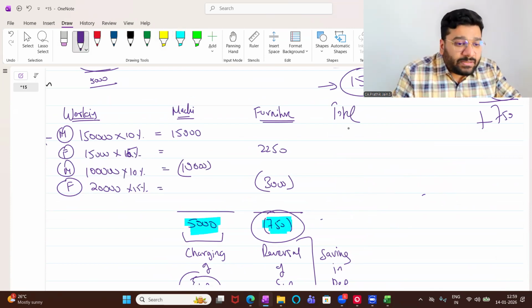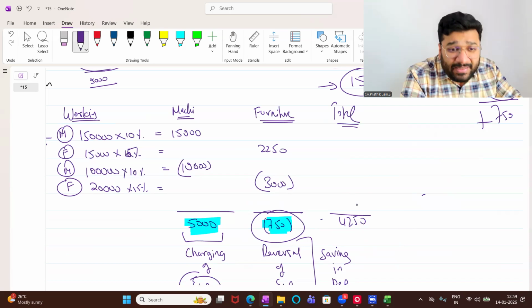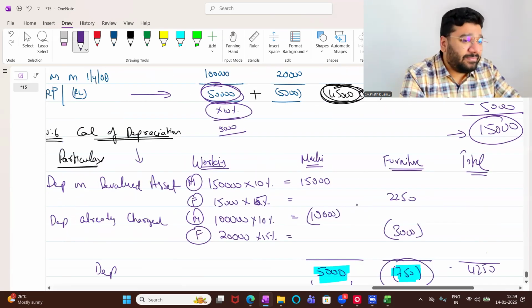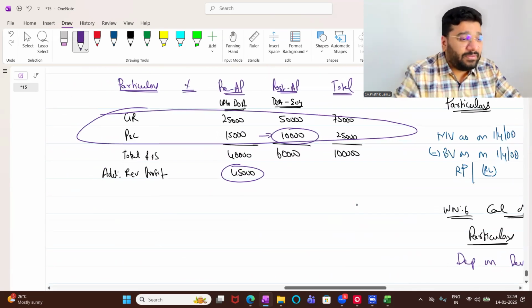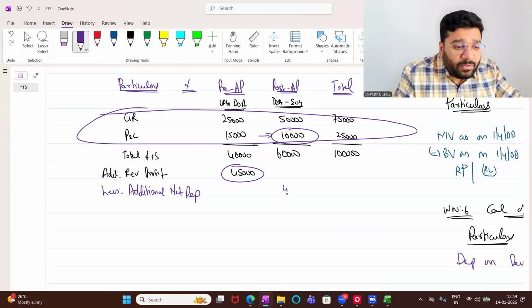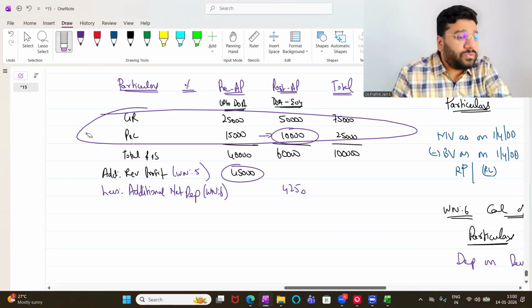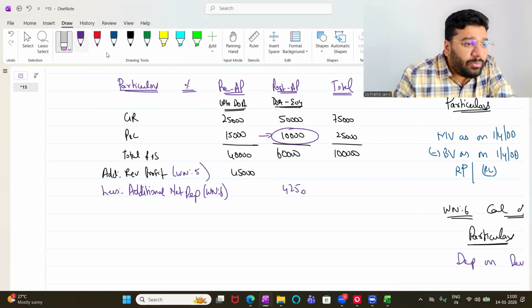So what is my net expense? 4,250 is my net depreciation to be subtracted in your AOP. Okay, not okay? Where? In post-acquisition. In post, I have to minus: less additional net depreciation. How much is it? 4,250. Now give reference to working note number 5 here, and here it is working note number 6. Any problem so far? Online people, any problem so far?